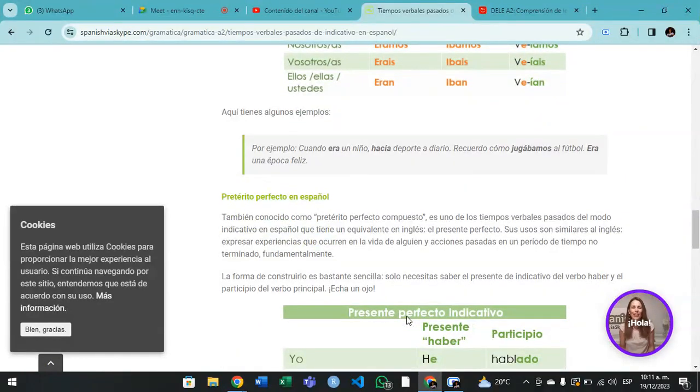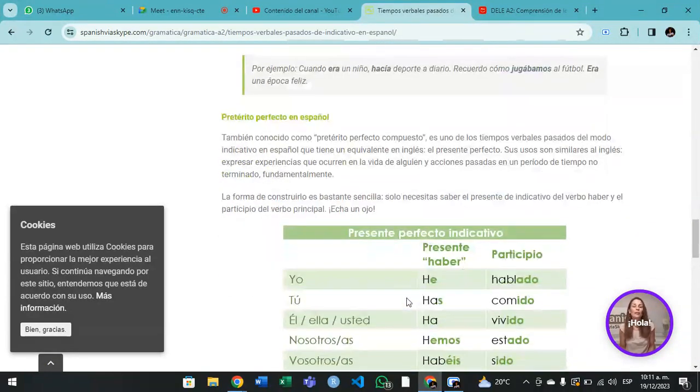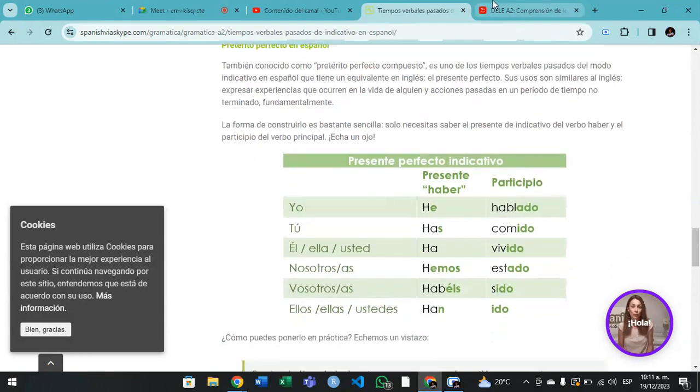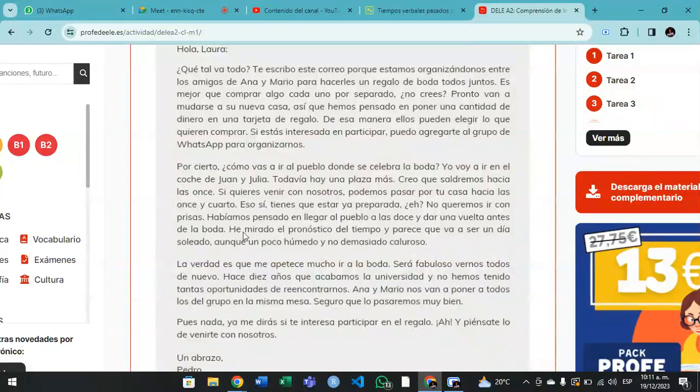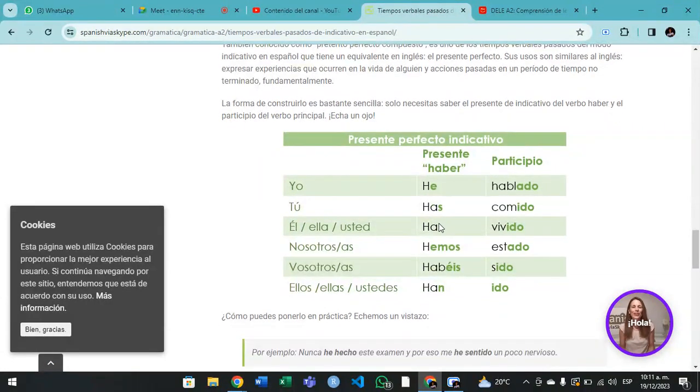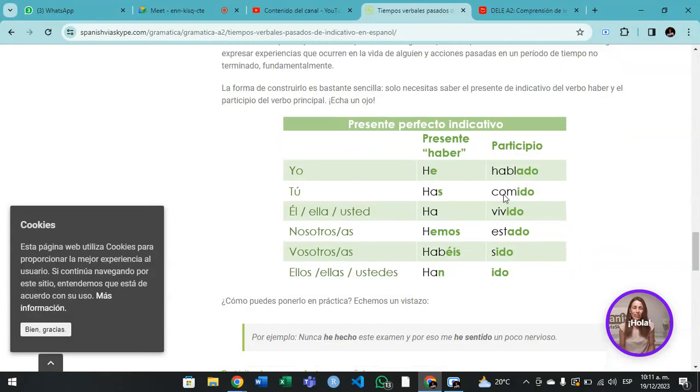But we also have another kind of past that we have here in Spain, for example, and it's this kind of past. We're going to talk about that next class more specifically, but I just want you to know how this works.